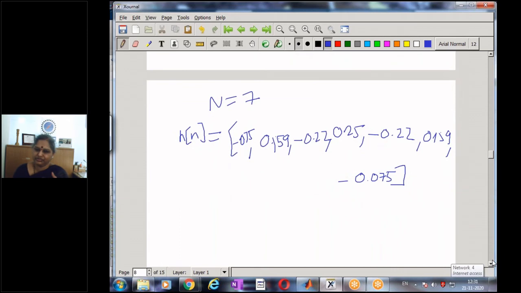The first step was to compute the integral and then evaluate the function. Step 2 would be to multiply it by the window function.